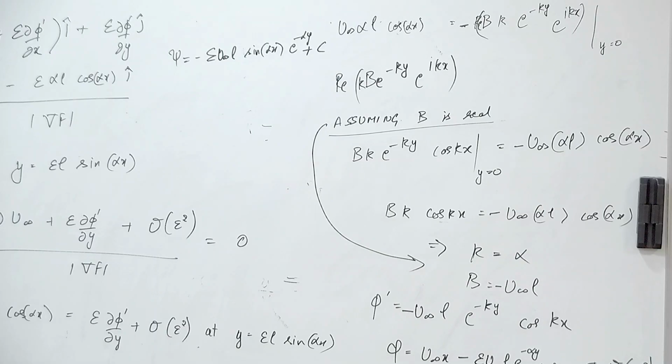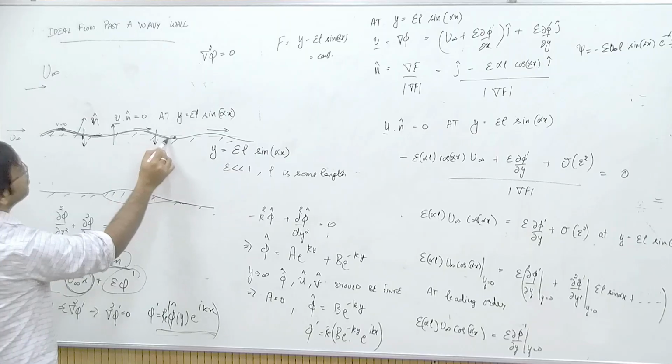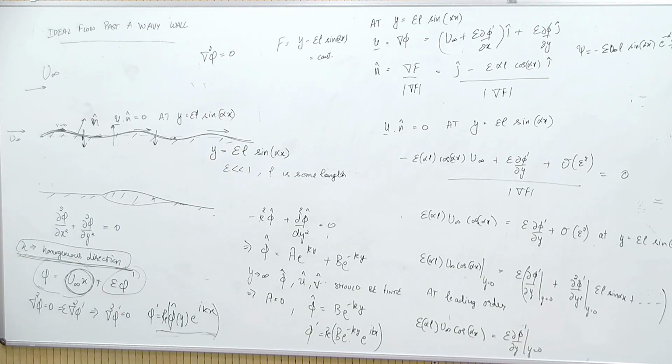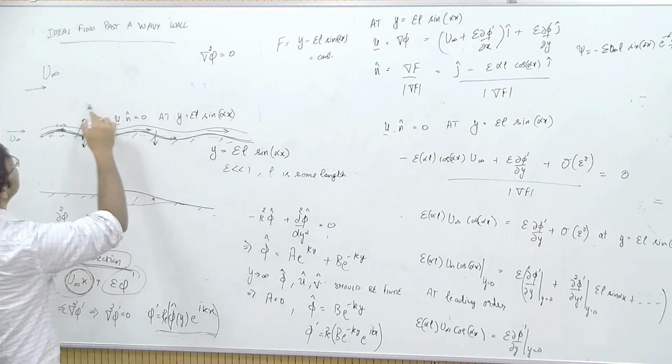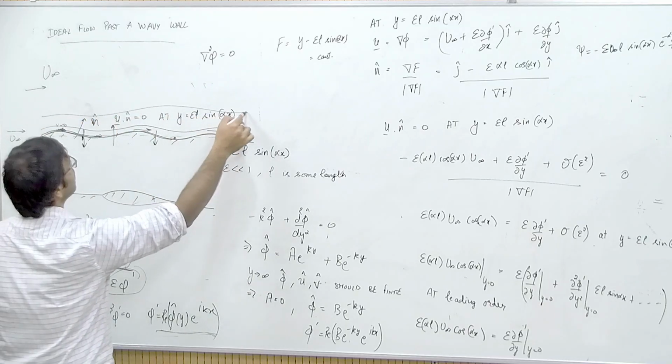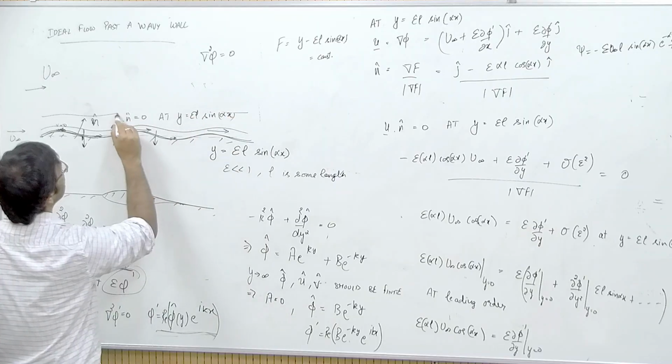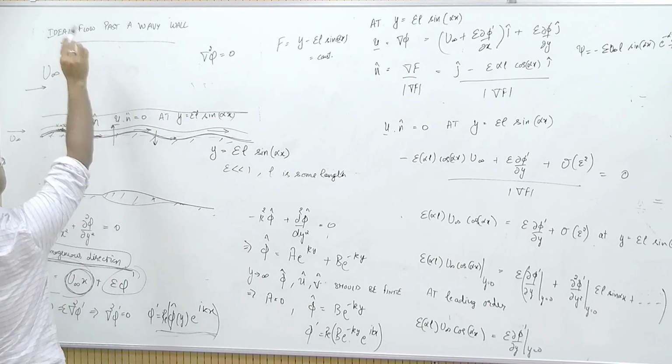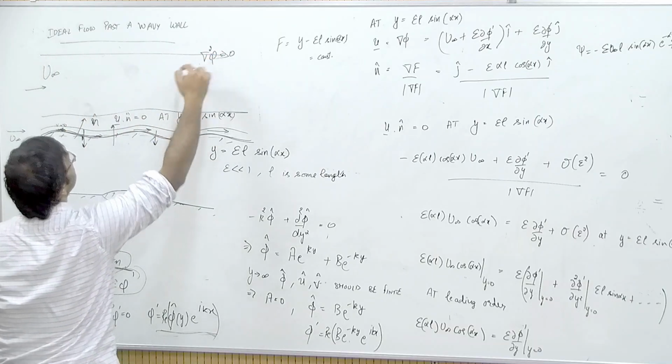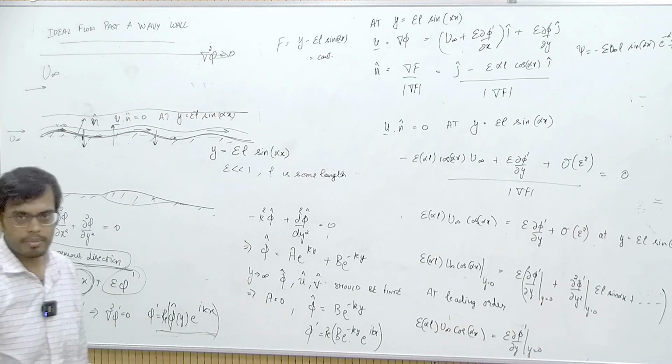Okay, and from here you will see that your stream function at y equal to 0 will resemble the wall surface, and as you move away from the wall surface, the stream function slowly flattens out. And at y tends to infinity, the stream function will be simply a straight line.